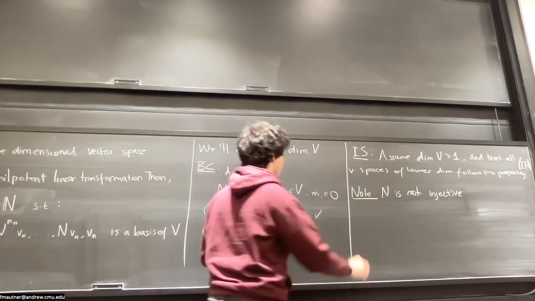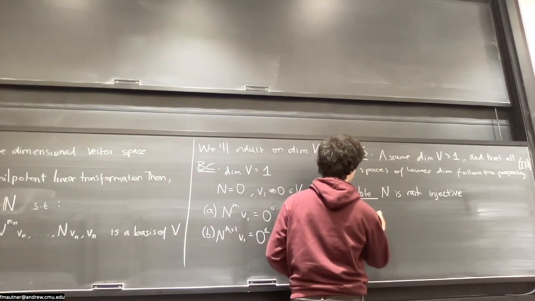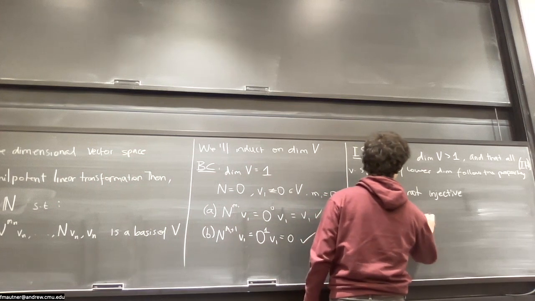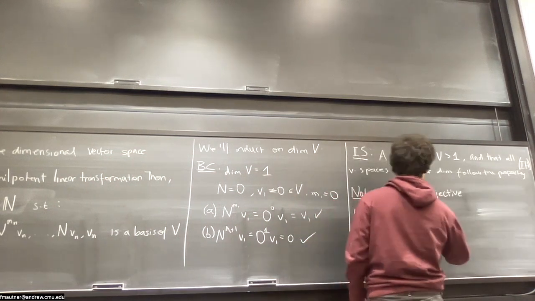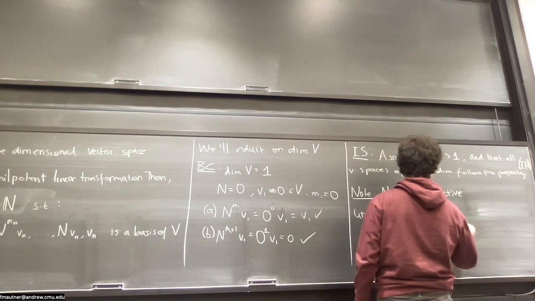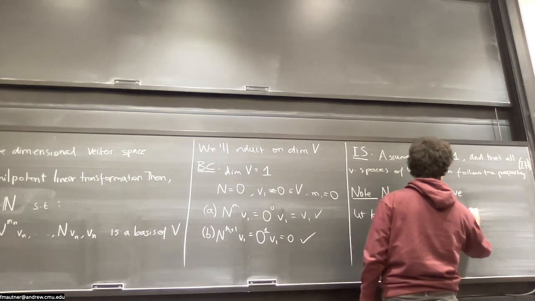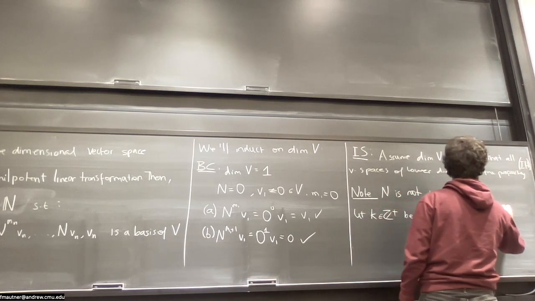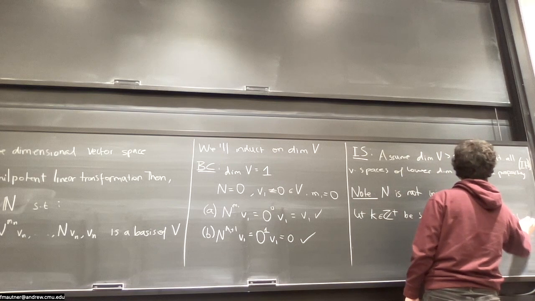So we can just say that k in the positive integers is such that N to the k applied to some vector V is not equal to 0, but N to the k plus 1 applied to V is equal to 0.